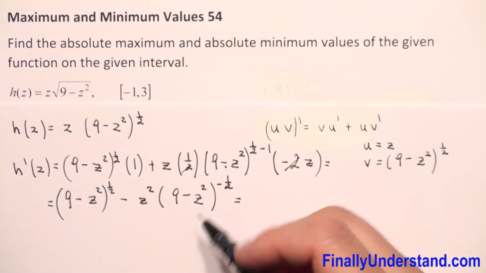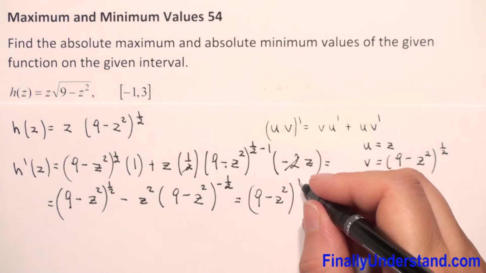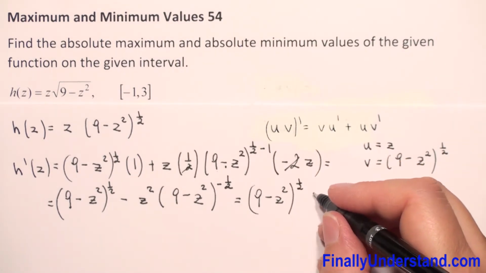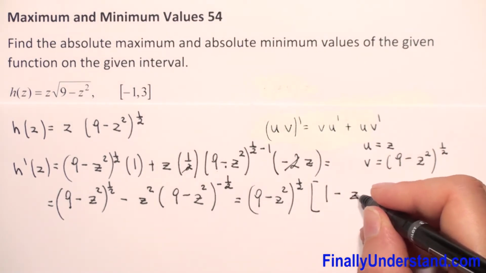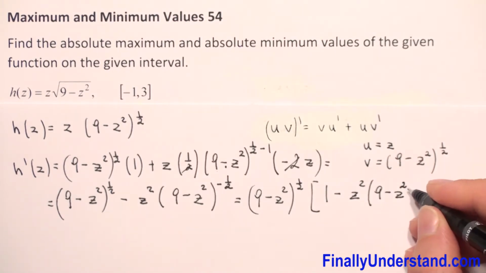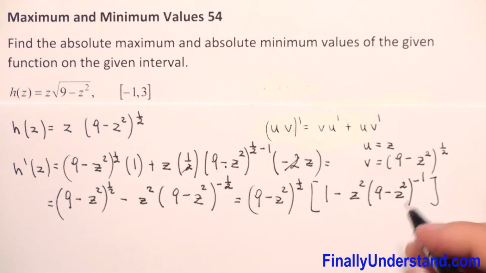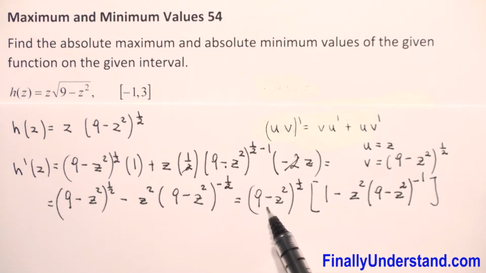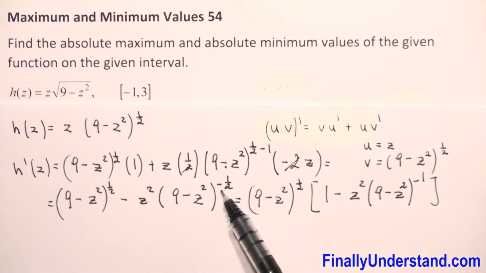We can factorize (9 minus z squared) to the power 1/2. In parentheses, we will have 1 minus z squared times (9 minus z squared) to the power negative 1. Why? Because when we multiply expressions with the same base, we add exponents. So 1/2 plus negative 1 is negative 1/2, exactly the same as what we have at the beginning.